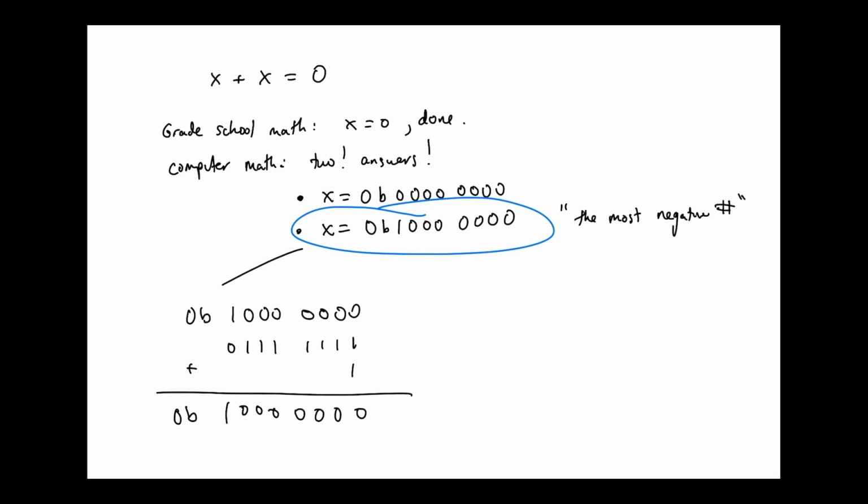Namely, since we are forcing ourselves to stay with a fixed number of bits, things work more like clock arithmetic than they do grade school arithmetic.